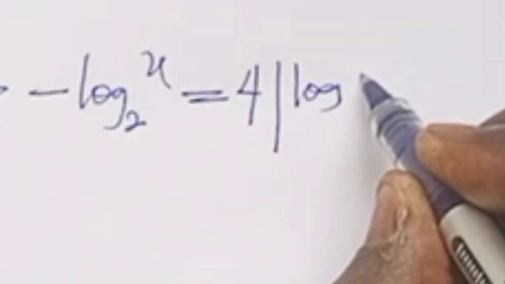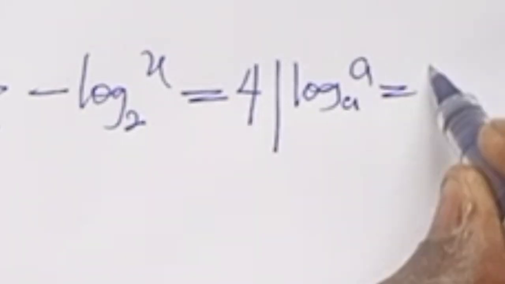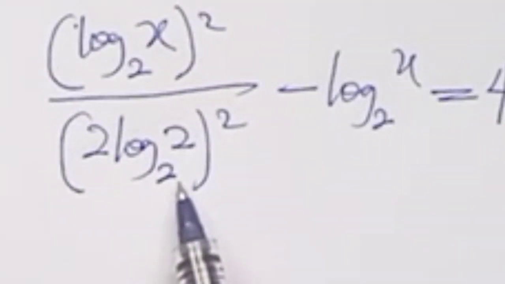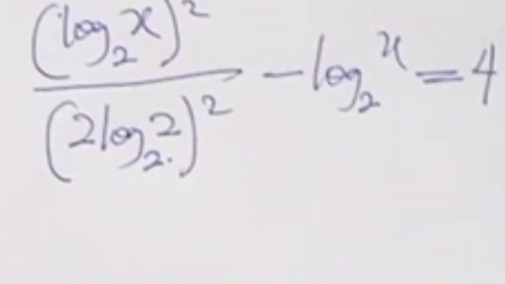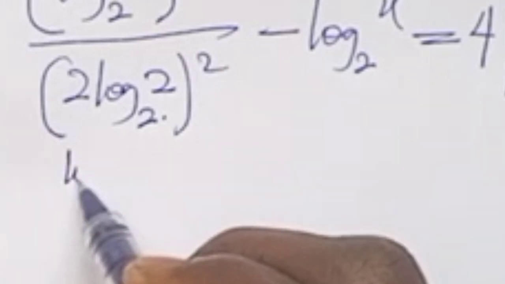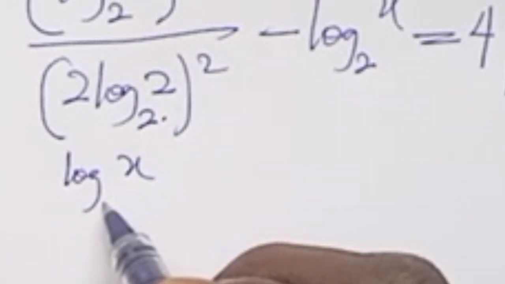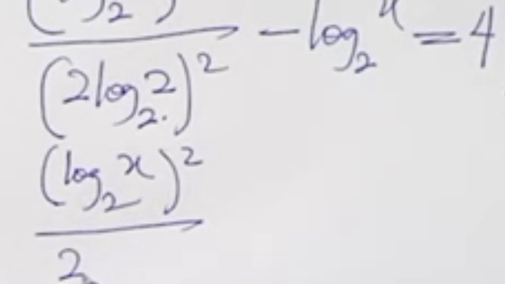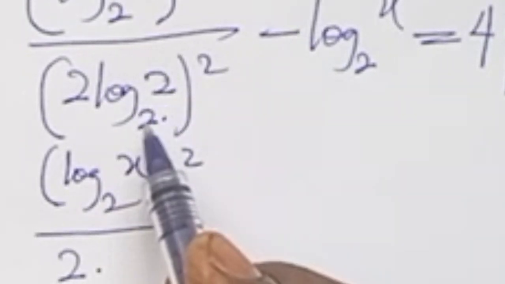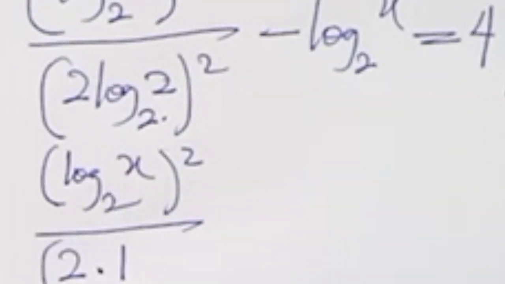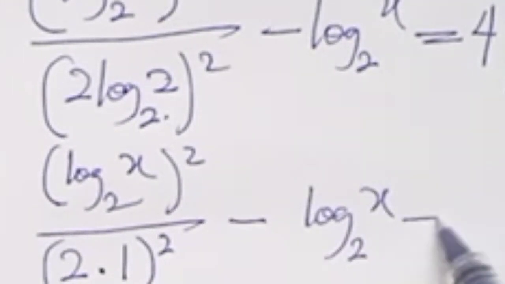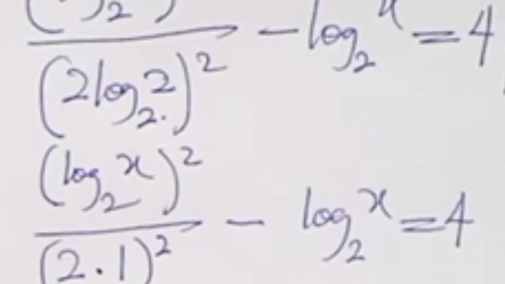But log a to base a is equal to 1, so that log 2 to base 2 will be equal to 1. And our next line, it will be (log x to base 2) to the power of 2 all over (2 times log 2 to base 2, which is 1) to the power of 2, minus log x to base 2, which is equal to 4.